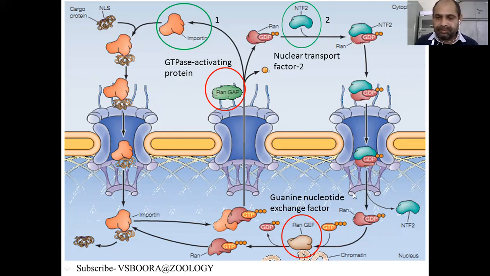In the nucleoplasm, nuclear transport factor 2 releases the RAN GTP molecules, and RAN is activated again with the help of the enzyme RAN GEF, the guanine nucleotide exchange factor. RAN GEF removes GDP and adds GTP molecules to the RAN.